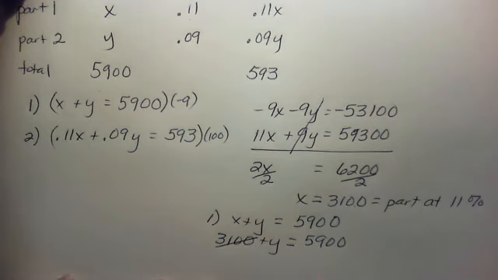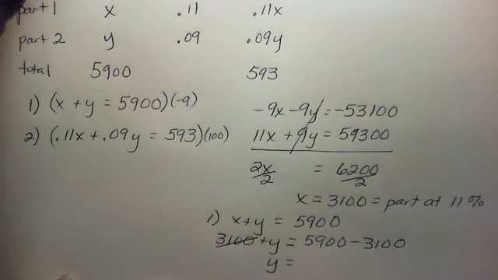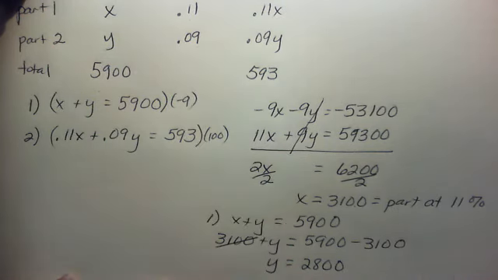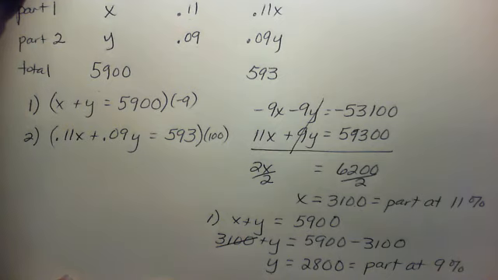And I would like to subtract 3,100 from both sides. I'll show it this way. Y is equal to, and do the math here, gives us 2,800. And remember that y, we let that stand for the part 2 amount invested at 9%. So we could say that's the part invested at 9%.